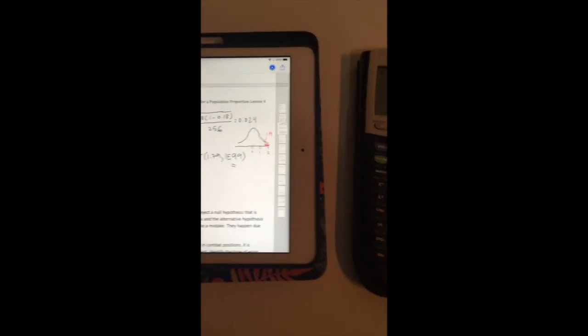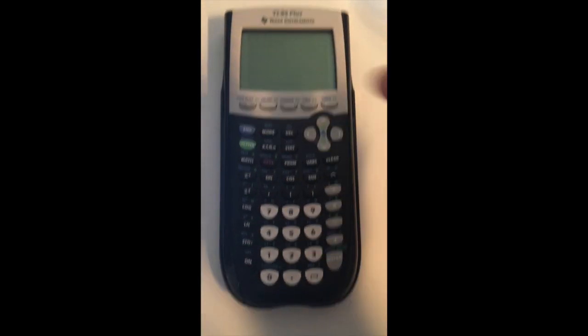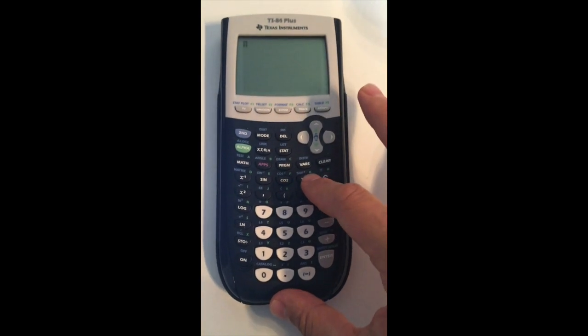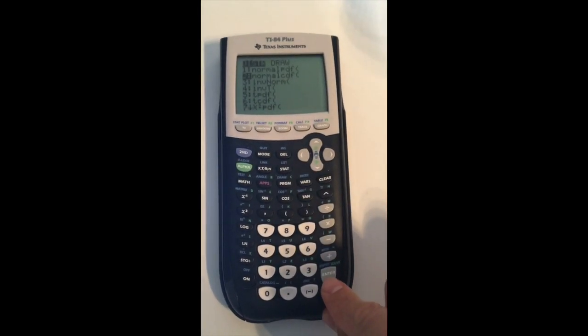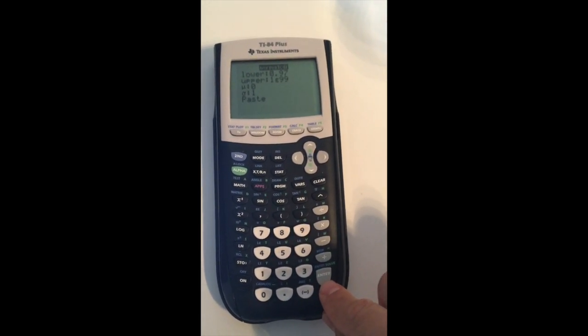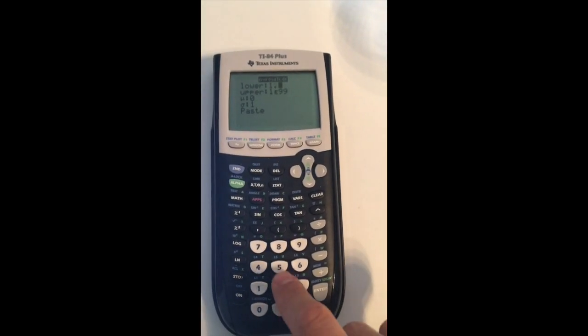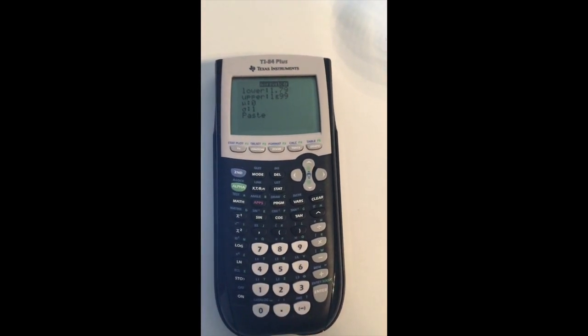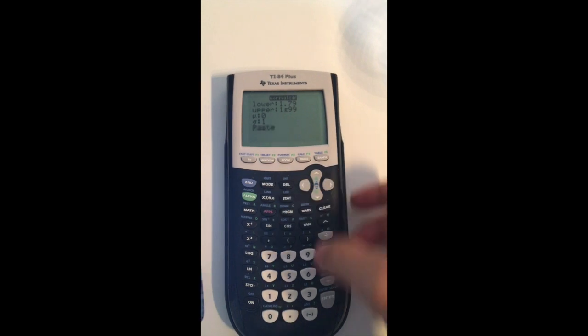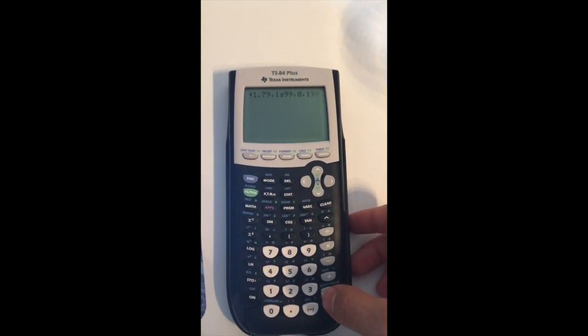So let's go over to the calculator. Again, we're going to do second DISTR distribution. Go to normal CDF, hit enter. The lower limit here is 1.79. The upper limit is still 1E99. Go down to paste and then hit enter again.